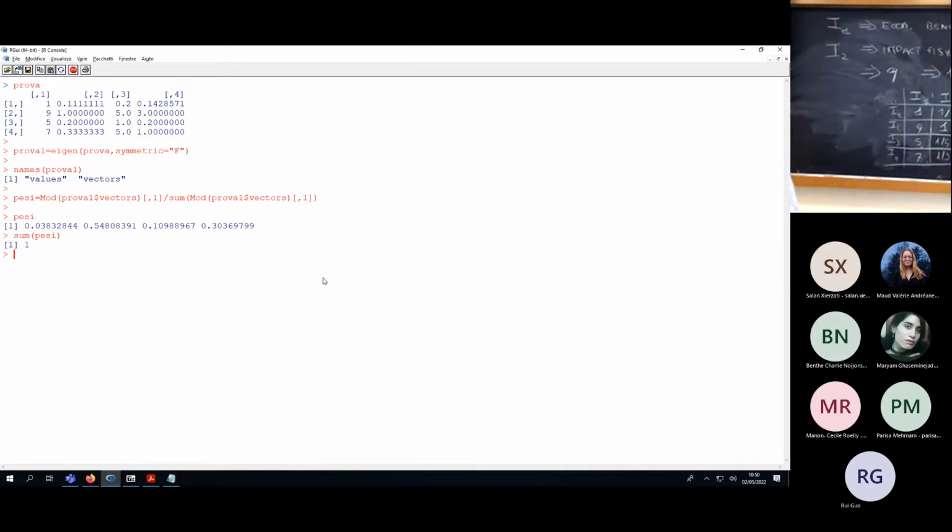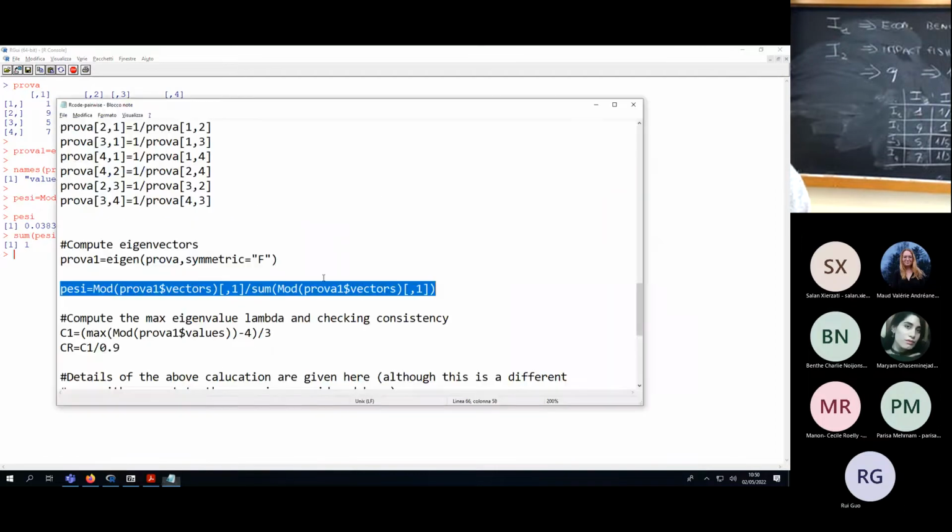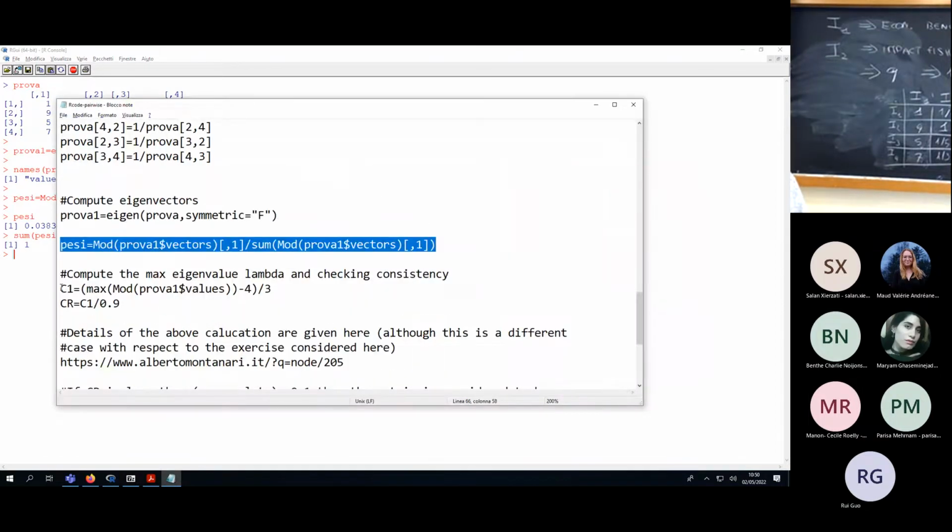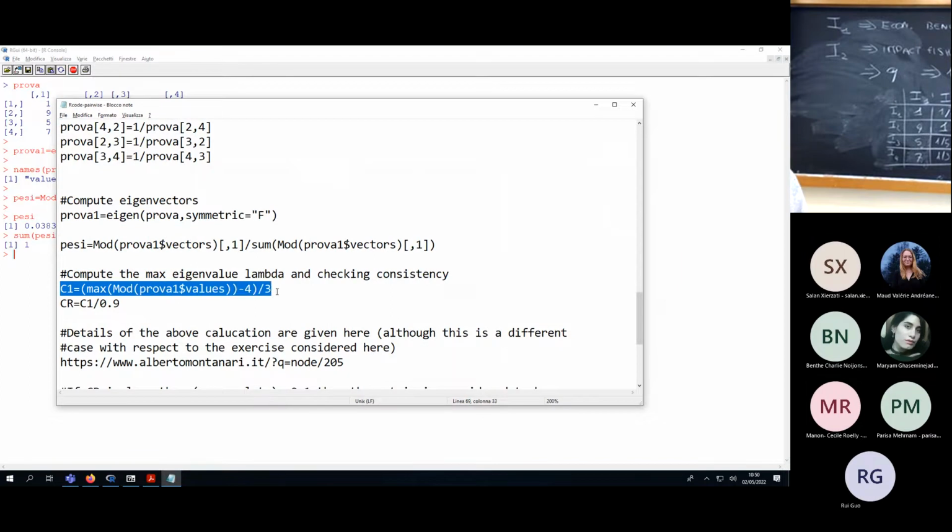And again, we need some instructions whose meaning you just have to take for granted, okay? Because we need to compute the eigenvalue of the matrix and compare it with the number 4. If the matrix is fully consistent, the eigenvalue is equal to 4. It will not be 4, and then we have to evaluate consistency. So let's look at the code. So C1 is the max.